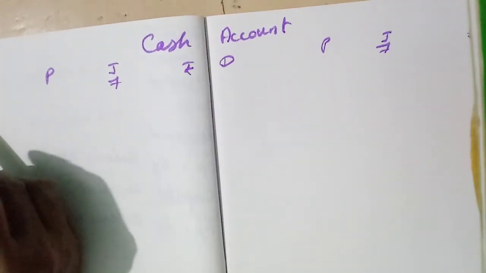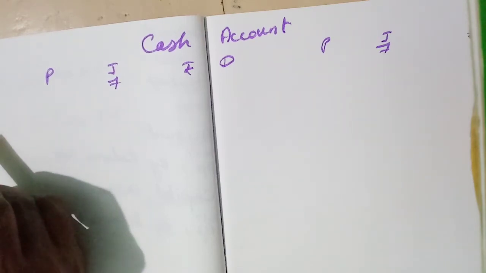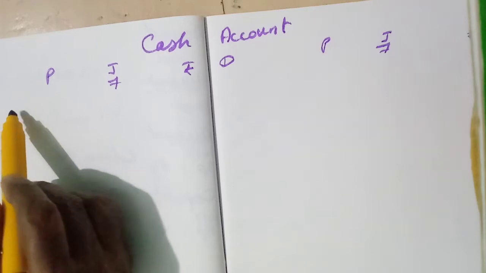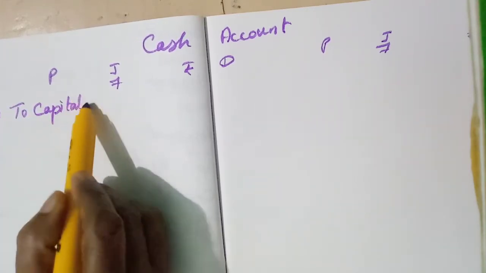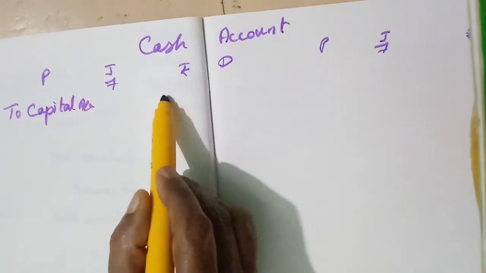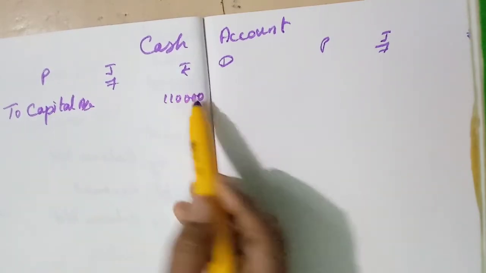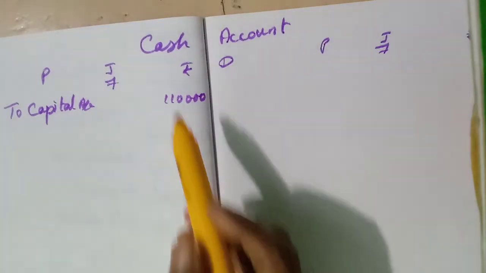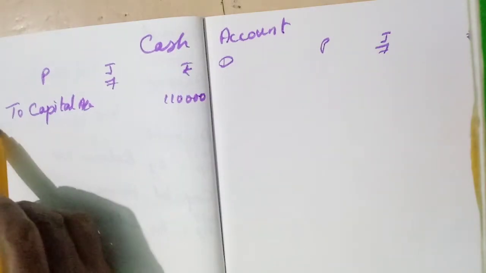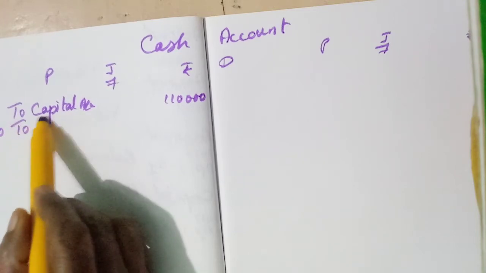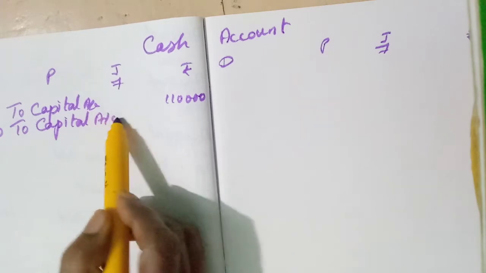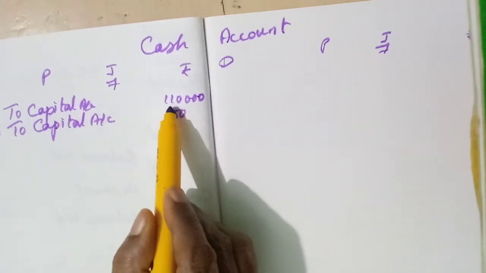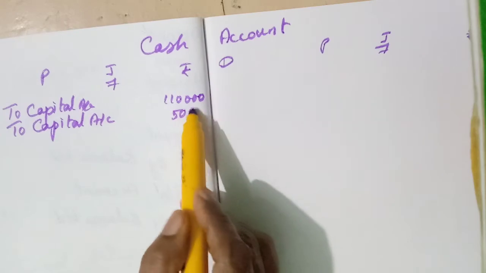So on the debit side we have to write 2016 June 1, to capital in the particulars column. Capital account 1,10,000 in the amount column. Next entry also cash account debtor to capital, date 10, post to capital account 50,000, below this one.